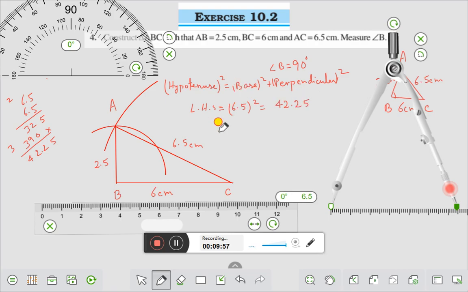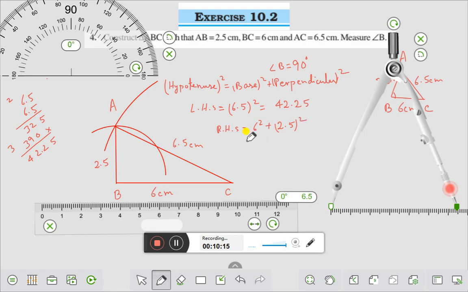Let us check the right hand side. We are checking whether the angle is correct or not. The base is 6 centimeter, that is 6 square, plus perpendicular is 2.5 centimeter, 2.5 square.